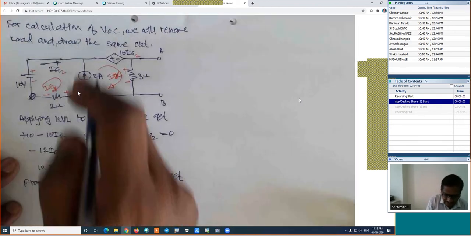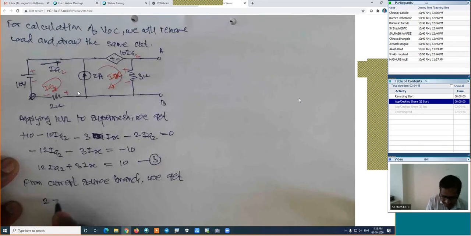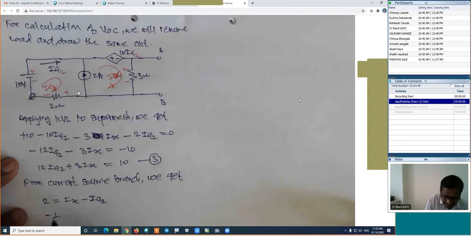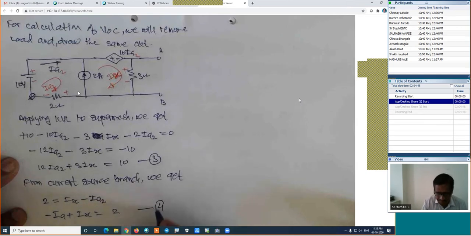This 2 amperes is upward, means this 2 is equal to, which current is upward? IX minus IA2. If I'm writing this equation in the proper way, IA2, IX and constant, it is minus IA2 plus IX, which is equal to 2. This is the equation number 4.